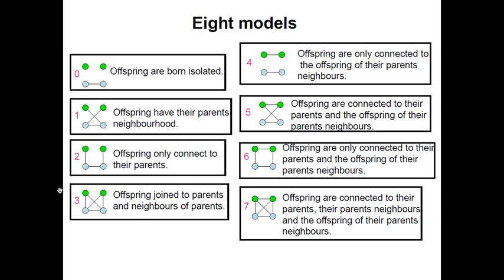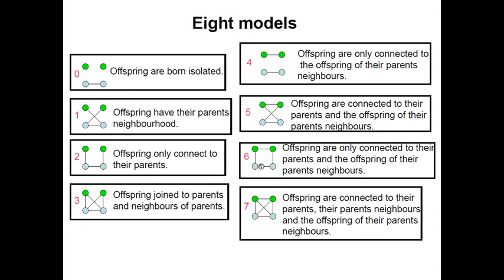I think this model 3 here is really a very good model for the development of social networks of reproducing individuals, because the offspring come into the world and then they form relationships with their parents, and also the individuals that their parents form relationships with. So it seems like quite a good model for quite a lot of things. Also, if you think about collaboration networks, if you're a professor and you get new students, that student's hopefully going to collaborate with you and the people that you collaborate with.